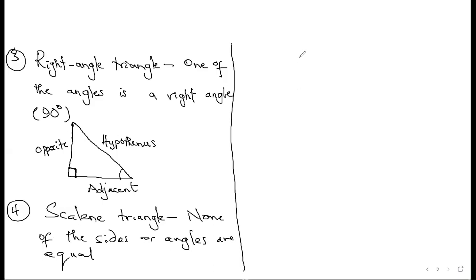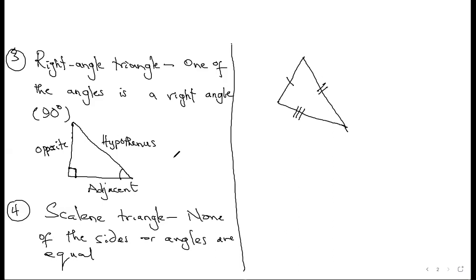You have something that looks like this, like that, and this is not equal to this, and is not equal to this. So we have different number of lines there. It shows that none of the sides are equal. So those are the main types of triangle.